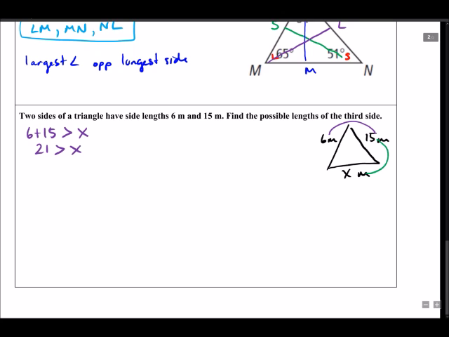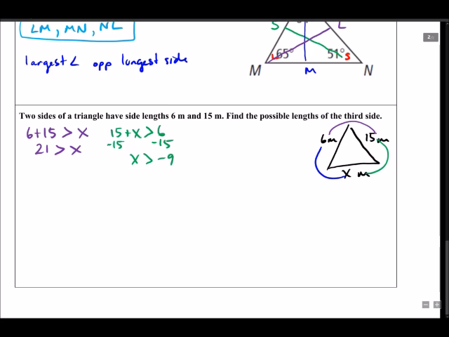And then the next 2 sides, 15 plus x has to be greater than 6. So I'm going to subtract 15 from both sides, and x has to be greater than -9. That's the one we're not going to use. We expect to see that, so no problem there.